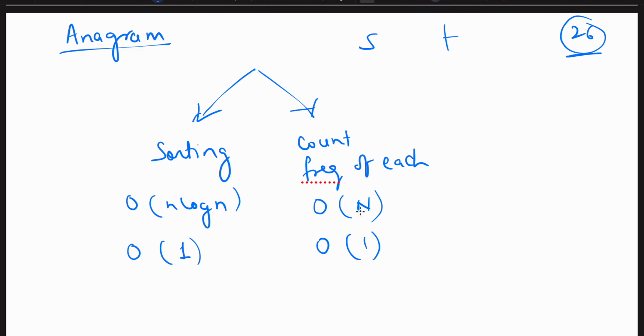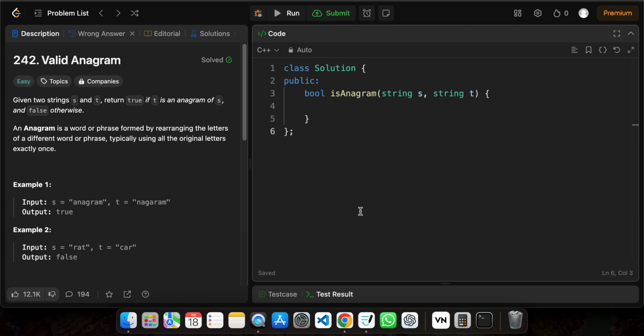Alright, now we will try coding it with both the approaches. First I will sort string S with the sort function, and similarly I will sort string T, t dot end.